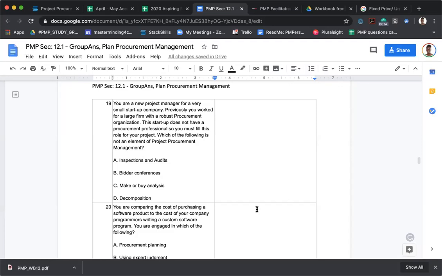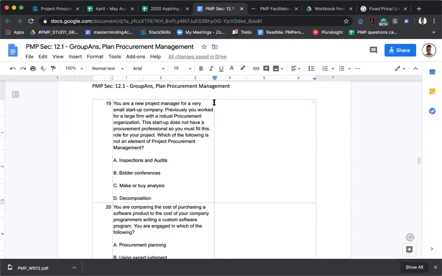But we're in plan, and inspections and audits, I think, are not in this process group, but I could be wrong. Right, I agree. So which one are you thinking? I'm thinking A. Okay, let's go with A. I'm thinking D. Why D? Because as Heather said, it's dividing the scope and deliverables into smaller parts.